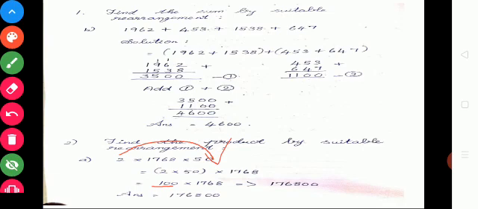Yes, 100 into 1768. So your answer is 1,76,800. Yes children, 1,76,800.